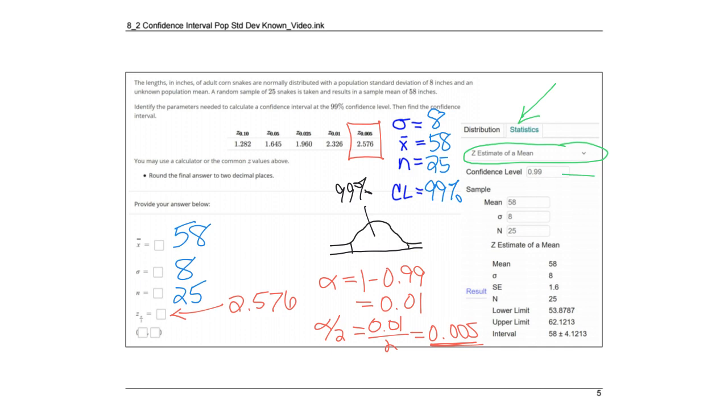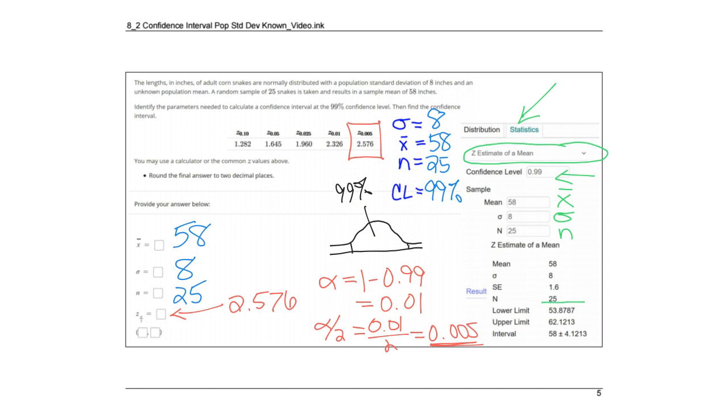And then we're going to put in, we don't even need the z, but the problem's making us do it. But GeoGebra doesn't make us do it. So we're going to put in the 99% confidence, our sample mean, our population standard deviation, and our sample size. And look what happens down here.